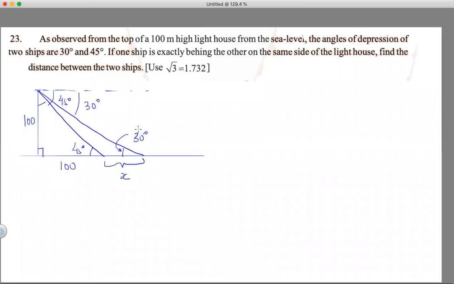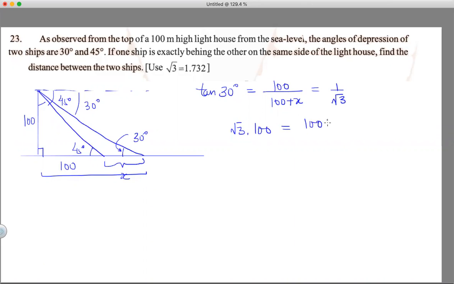Now we can write tan of 30 degrees is equal to 100 by 100 plus x, this entire length. And tan 30 degrees is 1 by root 3. So we get root 3 into 100 is equal to 100 plus x, and x is equal to 100 into root 3 minus 1.